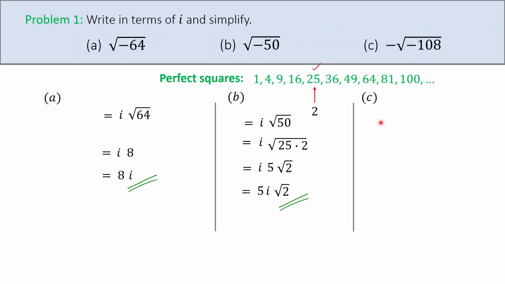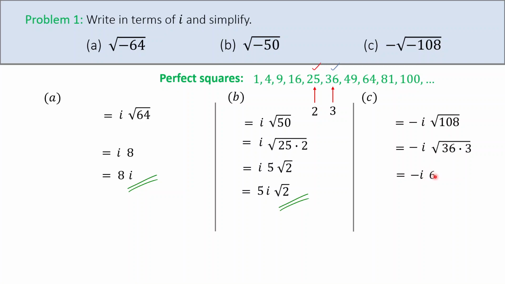Now this one, there is a minus sign outside the square root. Put that. Now you can write this as I times square root of 108. This is equal to negative I. This 108 you can divide by 36. You get 3. So this can be written as 36 times 3, equal to negative I. This 36 you can factor out.